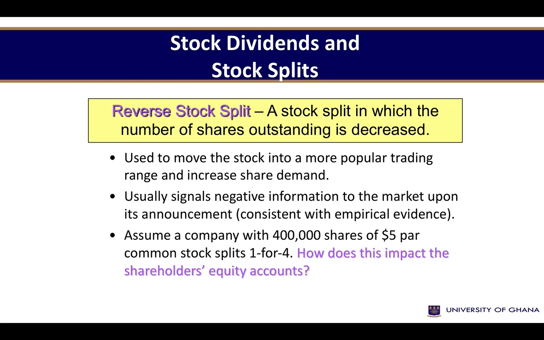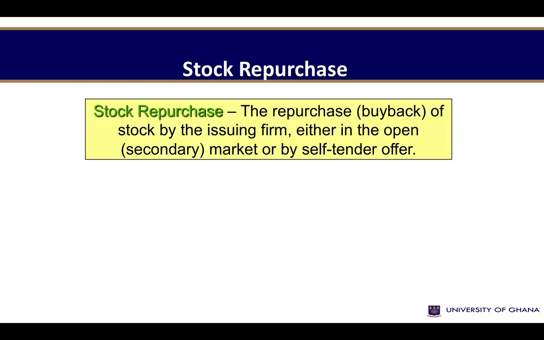How does that impact? In this case, you get 1 for every 4, so it becomes a reverse split, where every 4 shares now equate to 1. And then the question to ask is, how does that impact the shareholders' equity accounts? Usually it means that it's going to shrink.